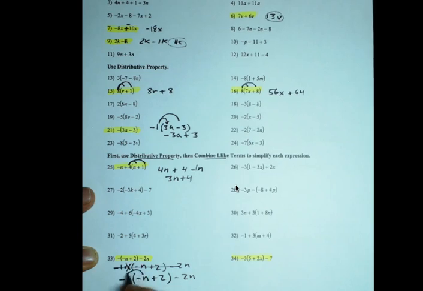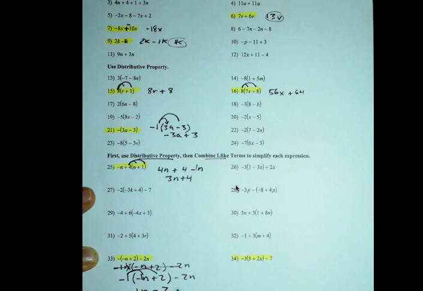So I'm going to distribute out this negative 1. So negative 1 times, this is really a negative 1n. That's going to be 1n, and it's going to be positive because I have a negative times a negative. Now I have a negative 1 times 2. Well, that's going to be a negative 2, so we're going to say that that's a minus 2. Negative 1 times 2 is negative 2, or minus 2.